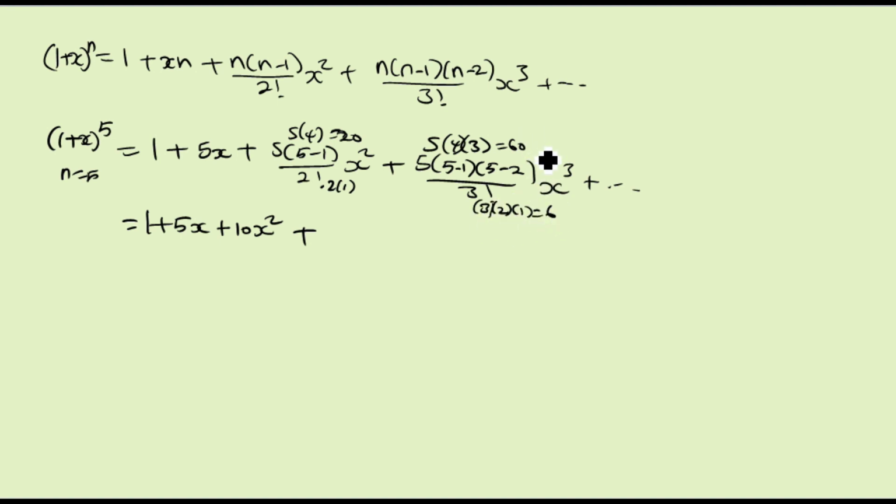You shall get 60 divided by 6, which also gives you 10, times x^3, and so on.